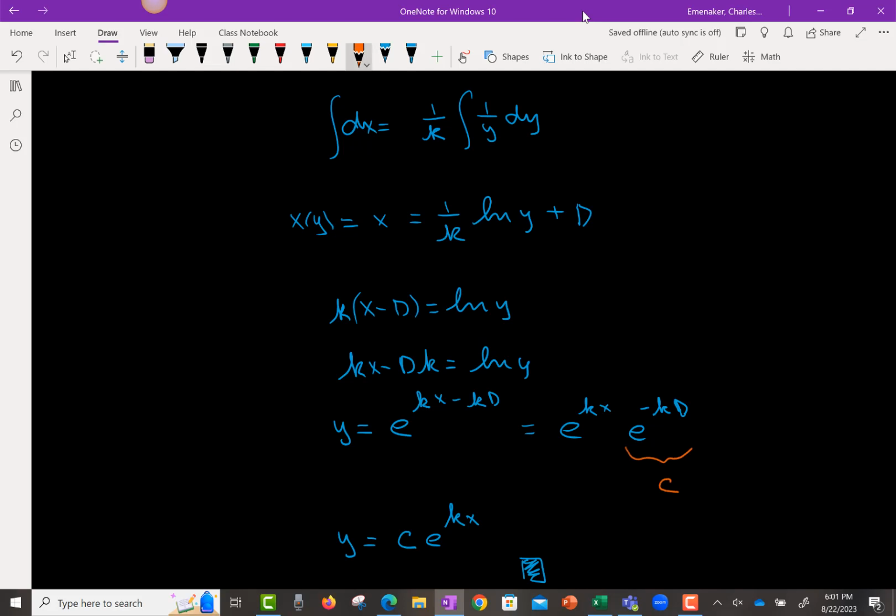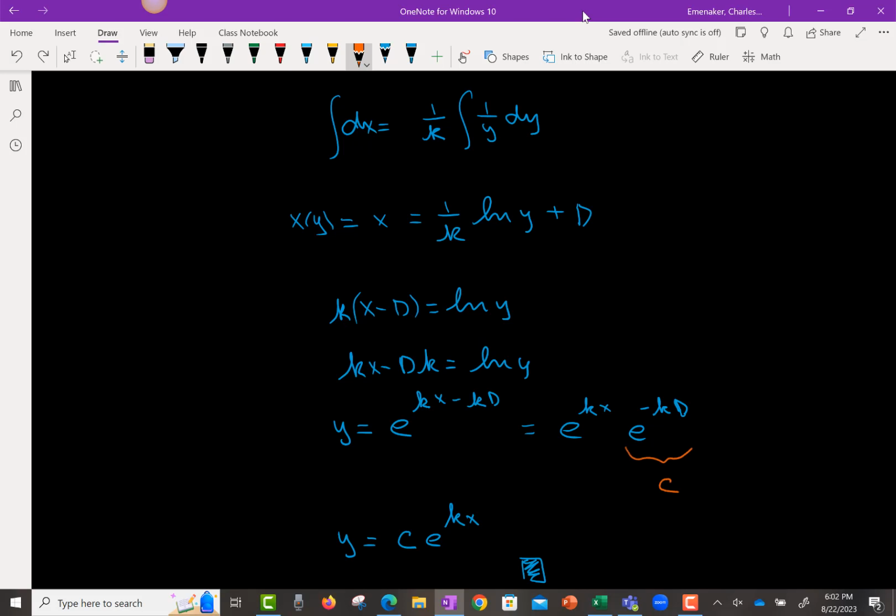That means that we need to now take this equation right here, and we're going to solve for y. Well, the first thing I'm going to do is subtract d from both sides, which is going to give me my x minus d. Then, in the same step, I'm also going to multiply by k. So I'm going to first subtract d, multiply by k, which gives me k times x minus d, all on the left side, equals the natural log of y on the right side.